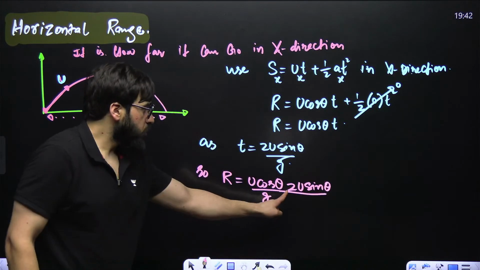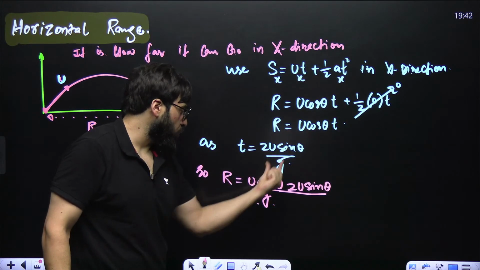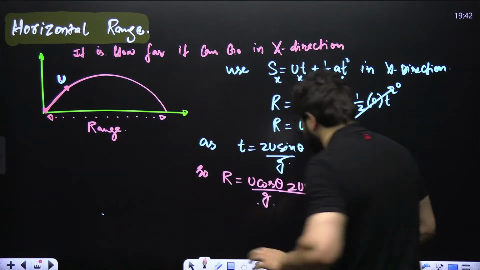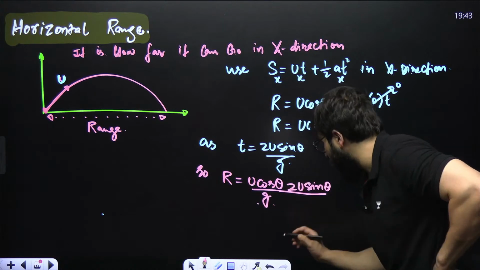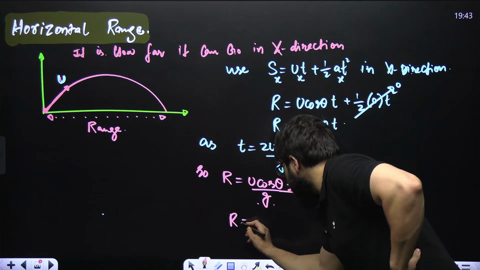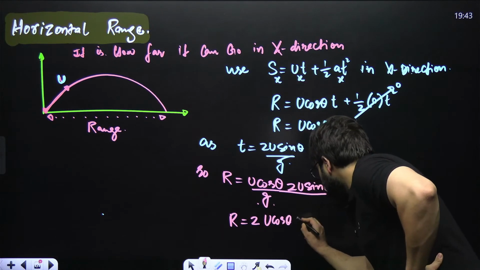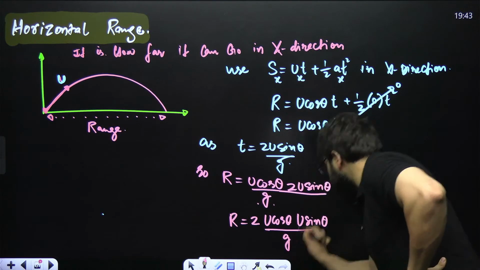This is g. 2u sine theta by g, and u cos theta is as it is. Can I just take this 2 out? I can write R is equal to 2 into u cos of theta into u sine of theta, whole divided by g.